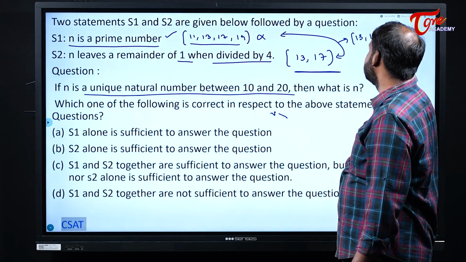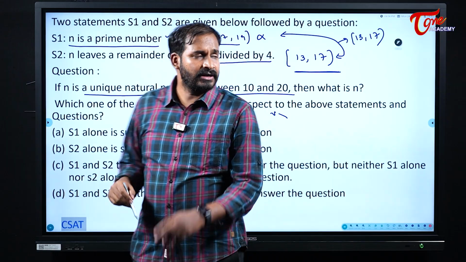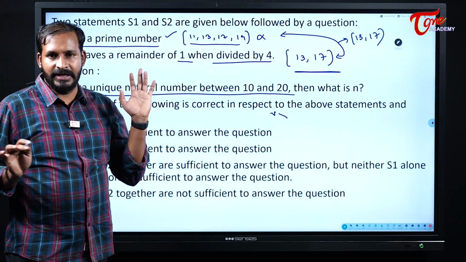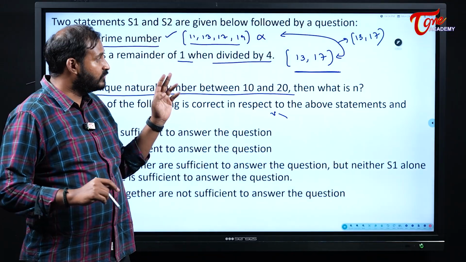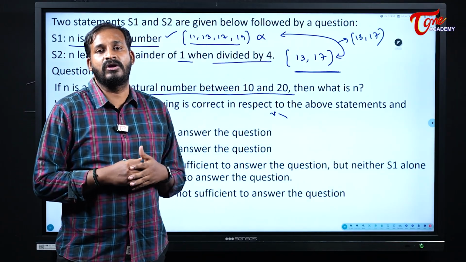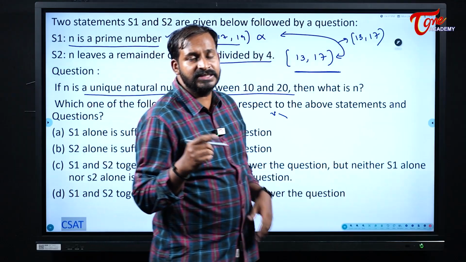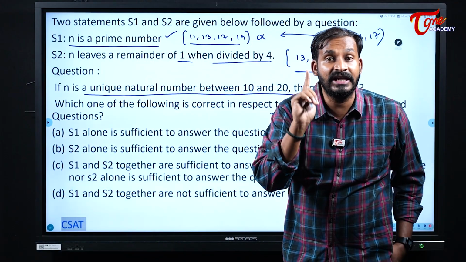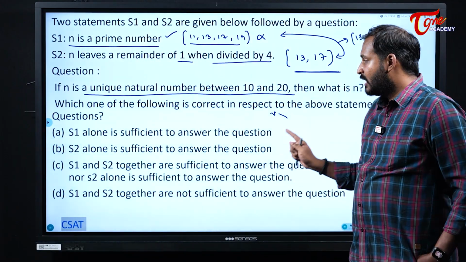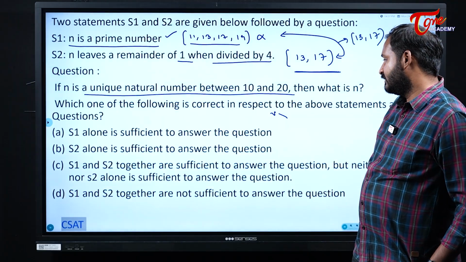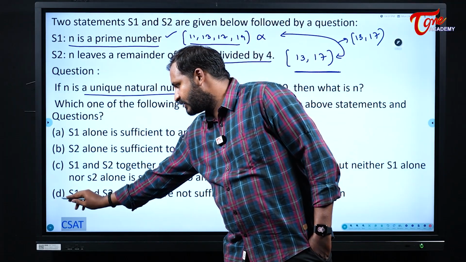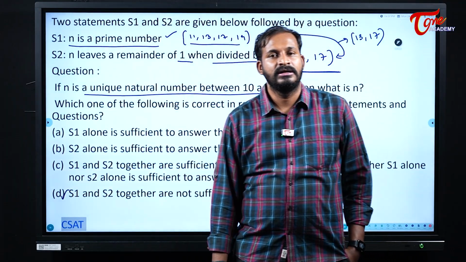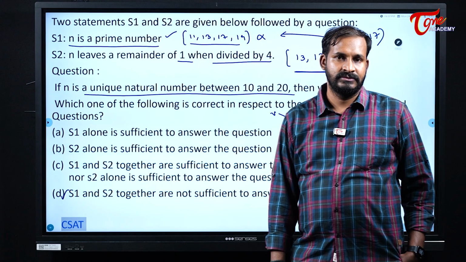What are those? 13 and 17. 11 and 19 are eliminated, but still I have 2 chances. By using both the statements also, I was not able to tell my answer exactly. A unique answer means I need to tell a single answer. It is not possible. So, S1 and S2 together are not sufficient to answer the given question, because I cannot tell a unique answer here.